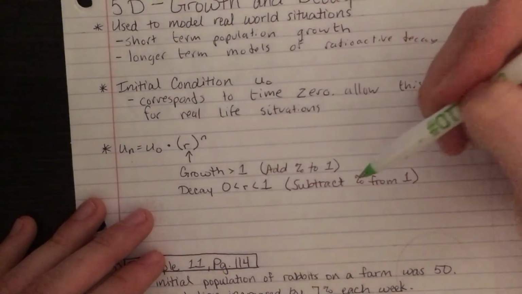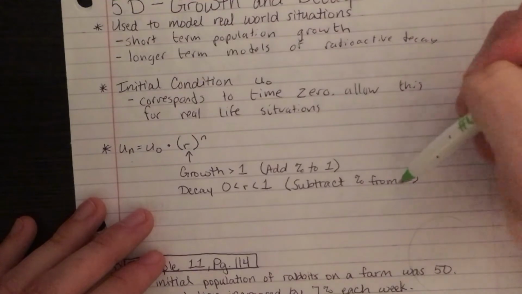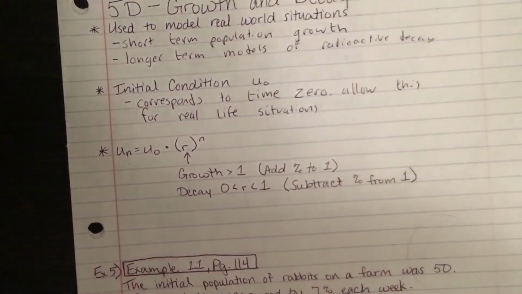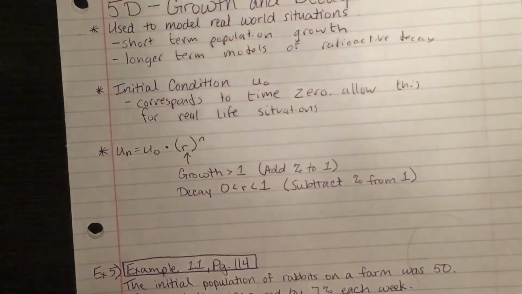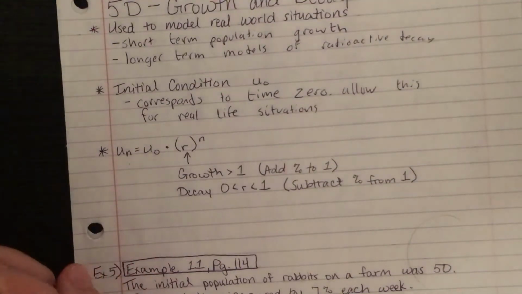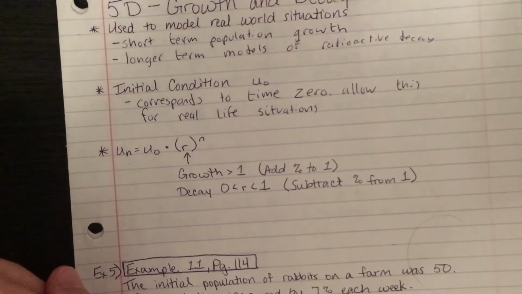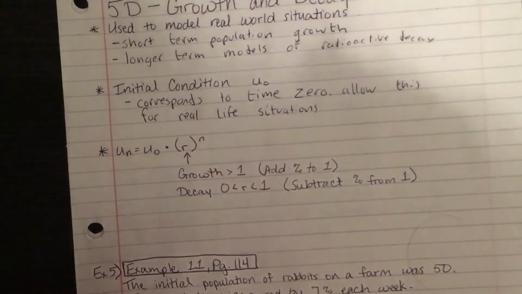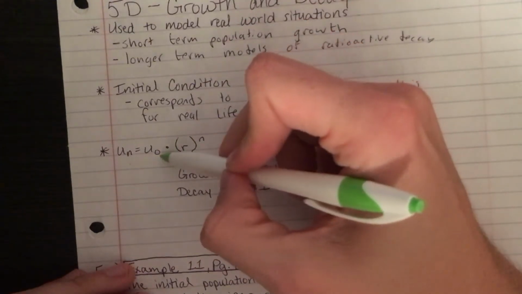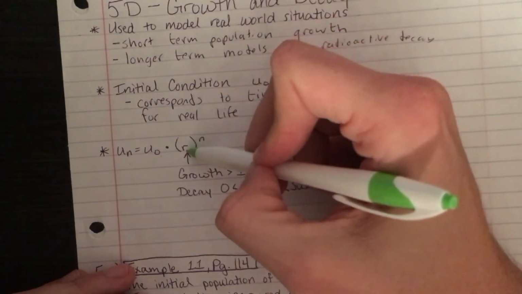If it's decay, you subtract your percentage from 1. And we put that to the nth power. So it largely looks the same as the geometric sequence, except we use U0 instead of U1, and then it's just the rate to the nth power.